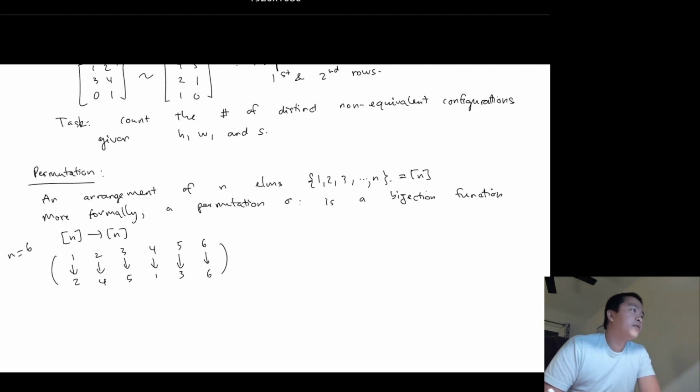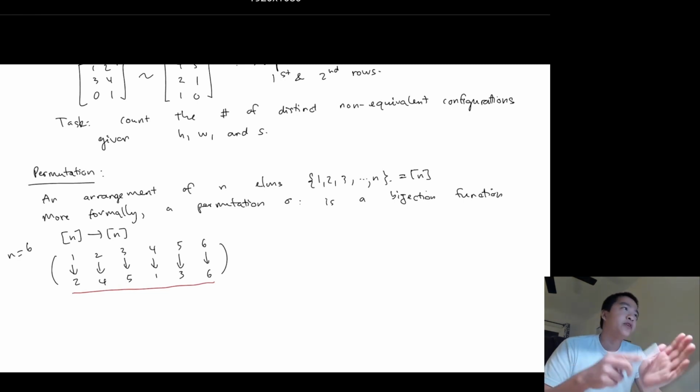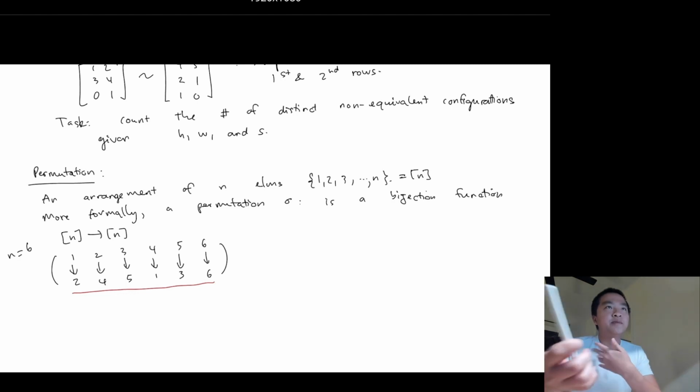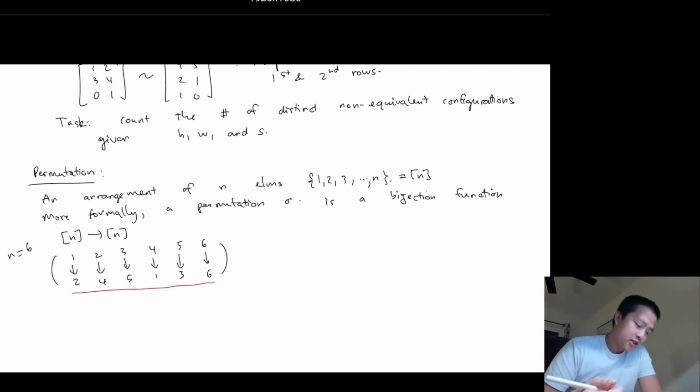So you can think of this as a rearrangement, right? You can say this is an arrangement where the first element is 2, the second element is 4, the third element is 5, and so on. So again, a permutation is just an arrangement of n elements. This is one way to describe a permutation. We just write out which element is mapped to which element.